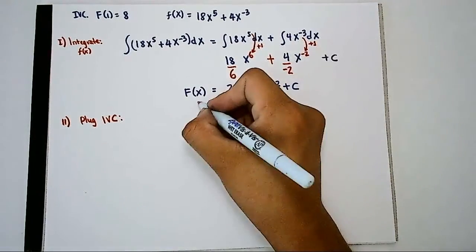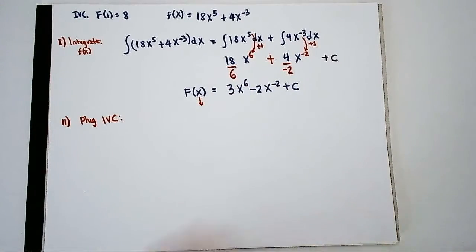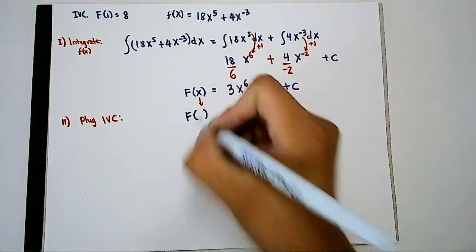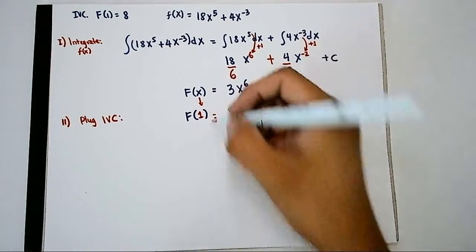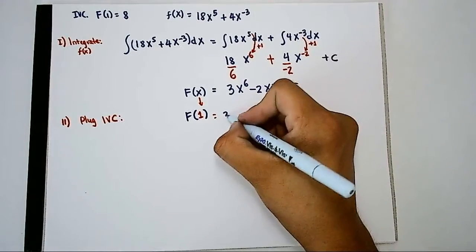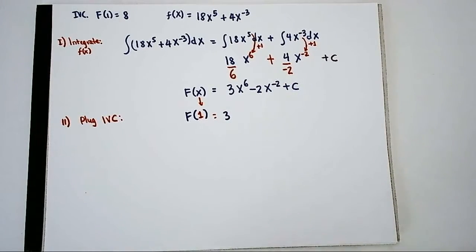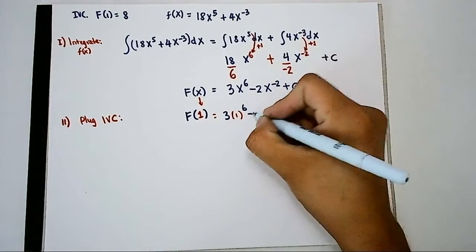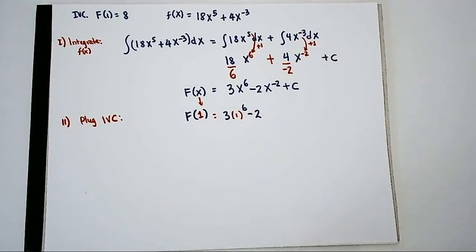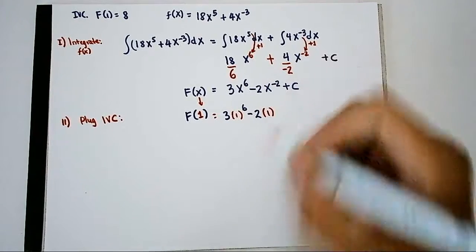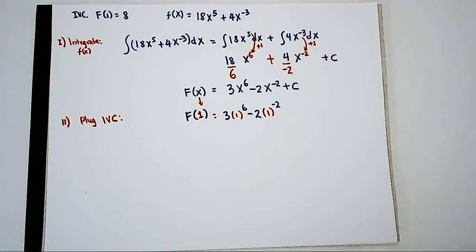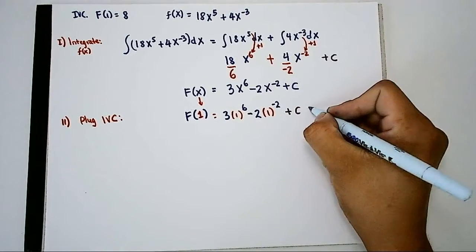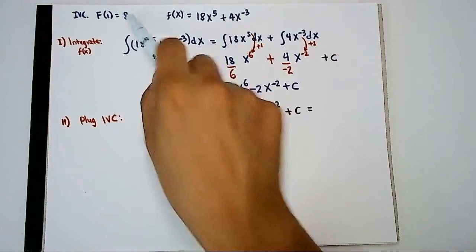So let's do that. When we plug in f of 1, this is going to be equal to 3 times 1 to the 6 minus 2 times 1 to the negative 2 plus c equals 8.